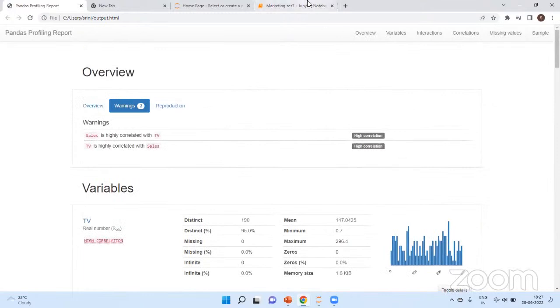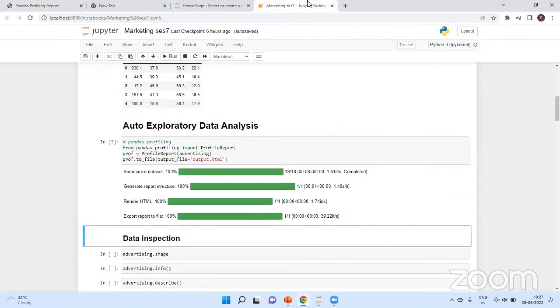So let's go to our code. Here I want to explain some points about error calculation. For a regression problem, we do error calculation.